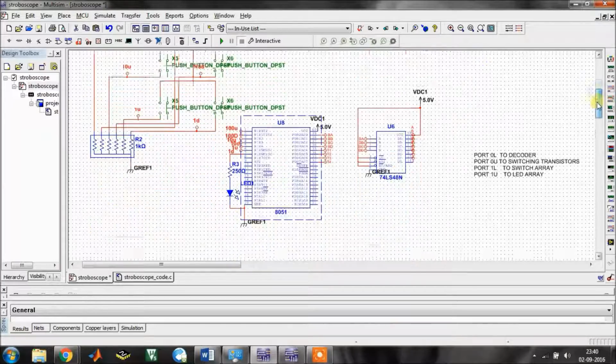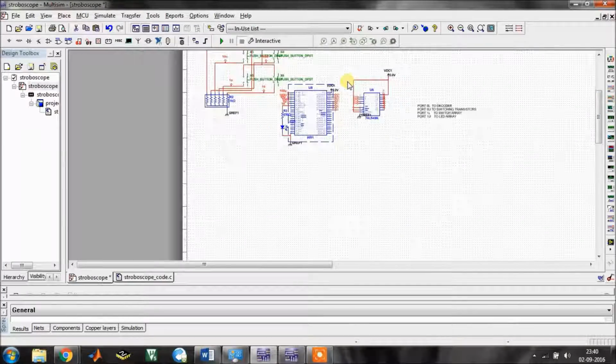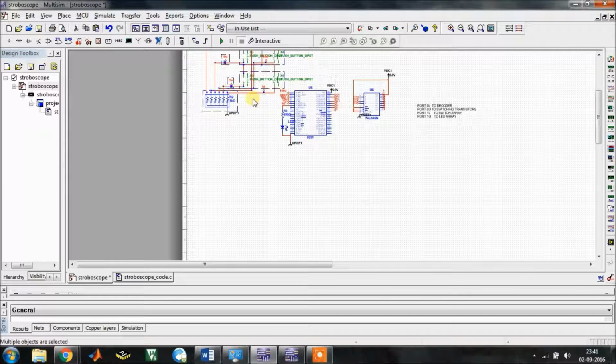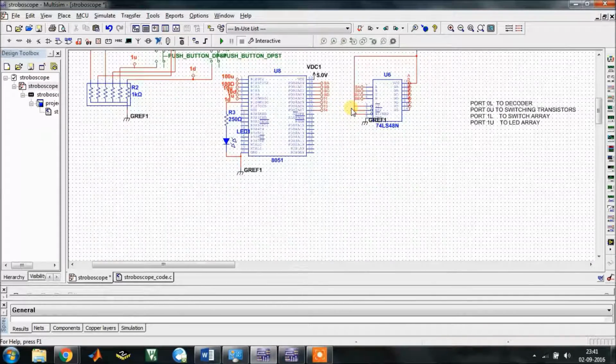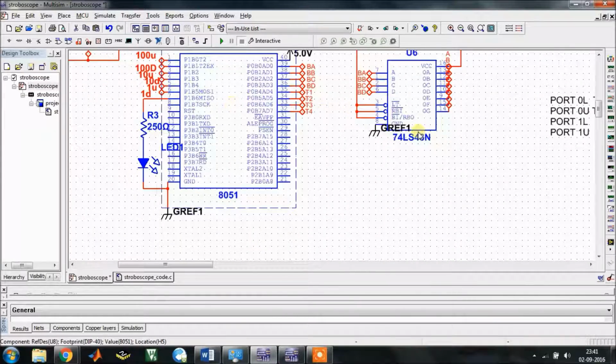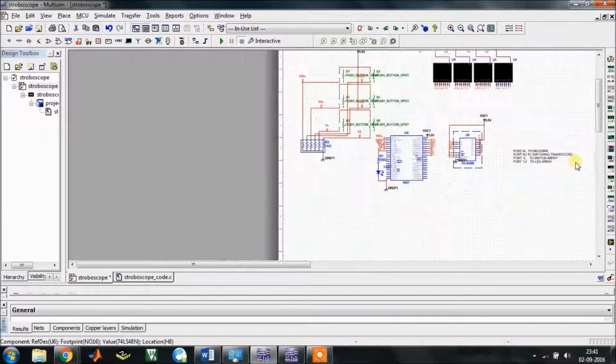You are not going to see any wires over here except for these wires, because I have tagged them all so that it will look neat. But this microcontroller is connected to the BCD to 7-segment decoder, and these are the specifications I am working on.